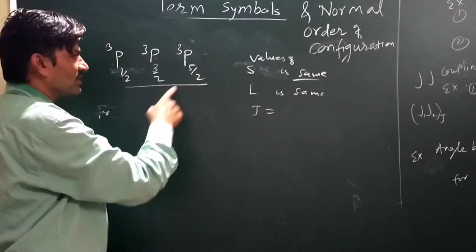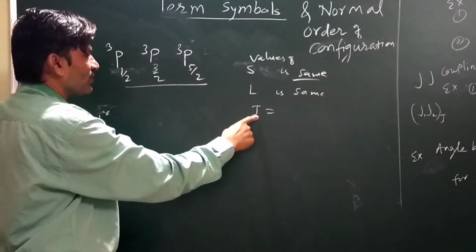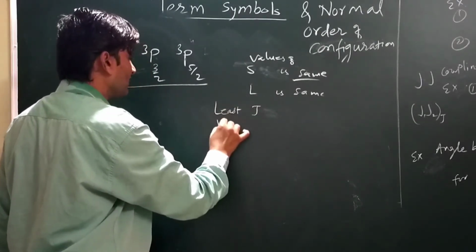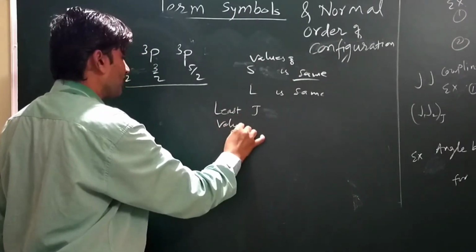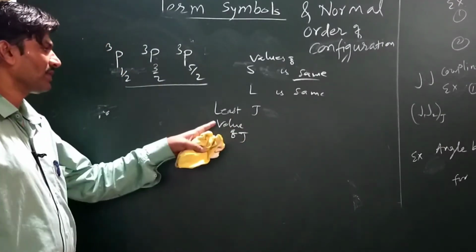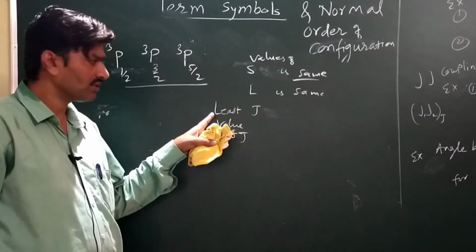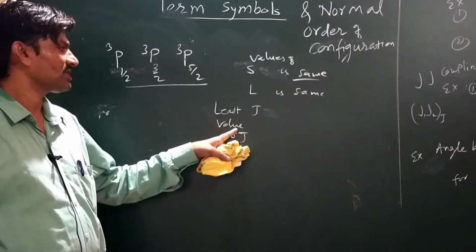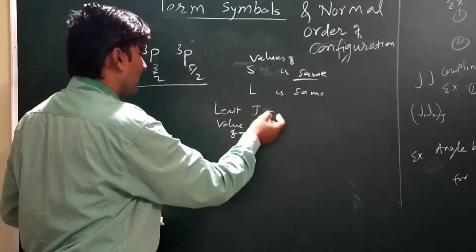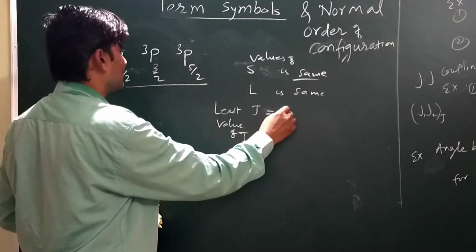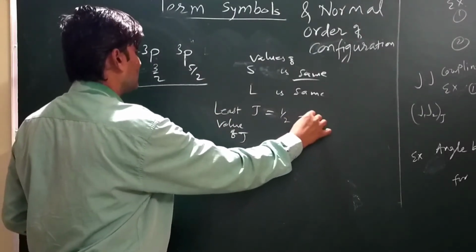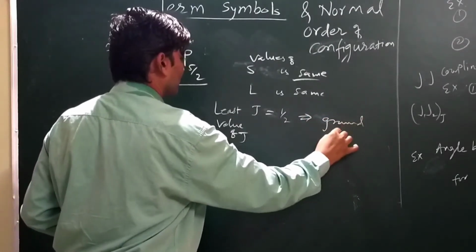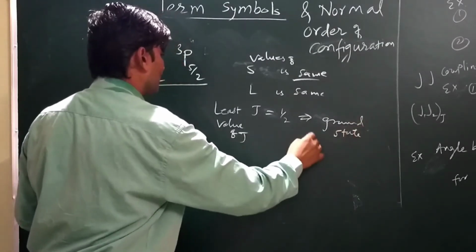The state with the least value of J has low energy, and low energy is nothing but the stable state. So J having the least value, that is half, gives the lower or ground state.